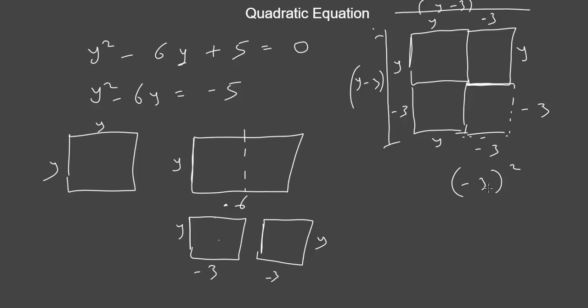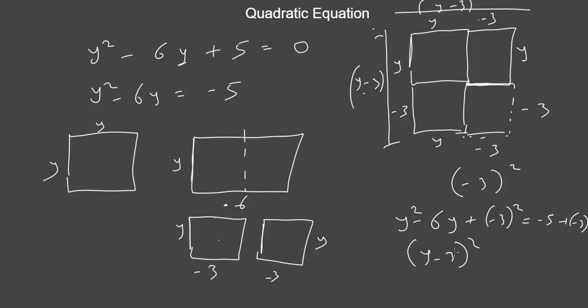If you add this to both sides, you have y squared minus 6y, then plus minus 3 squared equals minus 5 plus minus 3 squared. We don't need to simplify this; we don't need to waste our time on this. Just take this square, because we know this whole thing will give you y minus 3 squared.